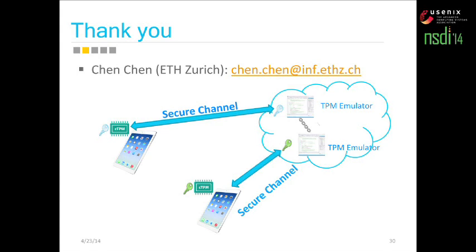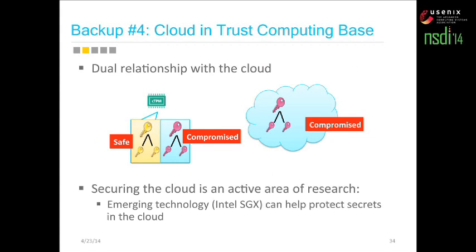Okay, good question. I want to point out that our cTPM design keeps a dual relationship with the cloud. On one hand, it trusts the root keys shared with the cloud, and it also isolates the keys local to the TPM from these shared keys. Therefore, even if the cloud is compromised, the keys local to cTPM are still secure. If a user chooses to only trust its local TPM chip, it can use all the TPM functionalities currently available.